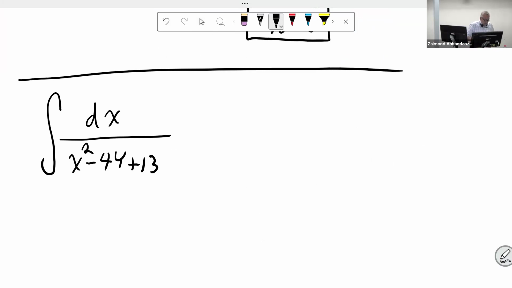So you've got to be careful. However, if you've done enough of these, you get used to seeing that if you have a trinomial like this in the denominator, it can be converted to a sum of squares. So that's how we're going to go into this. In other words, it's going to look like an inverse trig function.